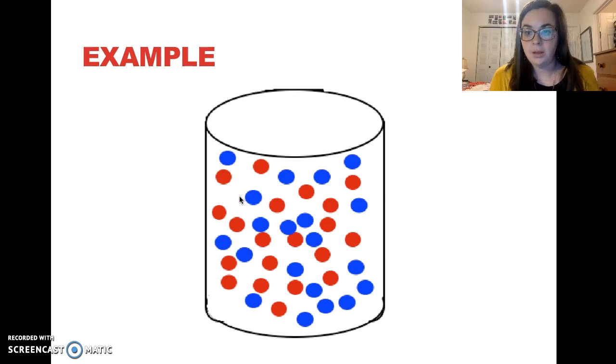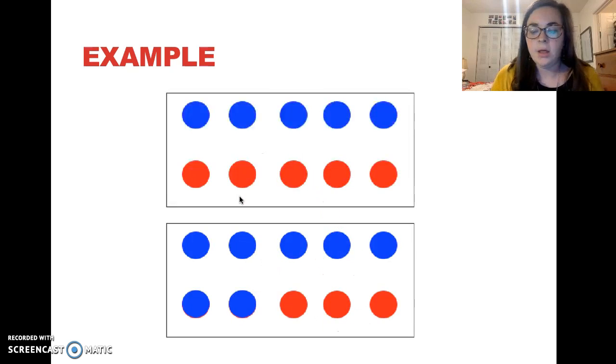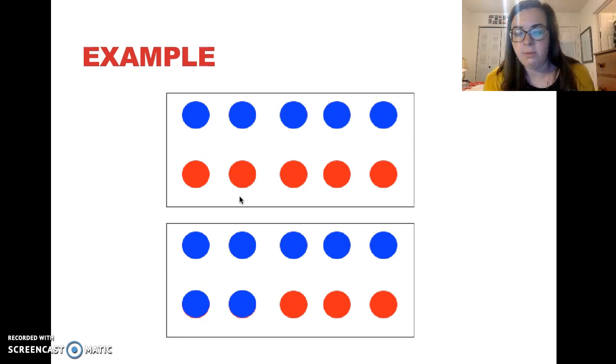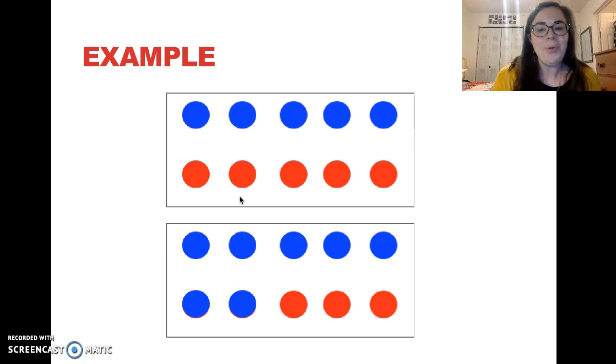you're going to get allele frequencies, and those allele frequencies could be 50-50, and those would be ideal conditions. So you could get 5 blue marbles and 5 red marbles, but there's also a possibility, since this is random, that you get other numbers like 7 blue marbles and 3 red marbles, or blue alleles and red alleles.